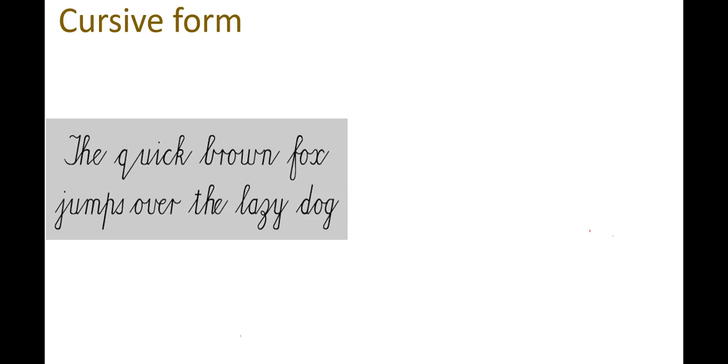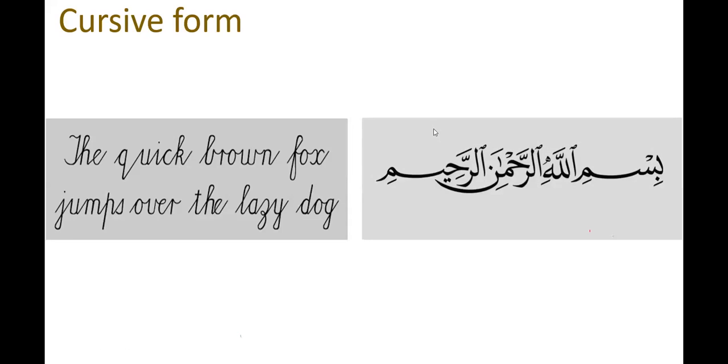Now, let me bring up an Arabic text over here. It's written in cursive. The Arabic text is Bismillahir Rahmanir Rahim. It's found at the beginning of every chapter in the Quran.